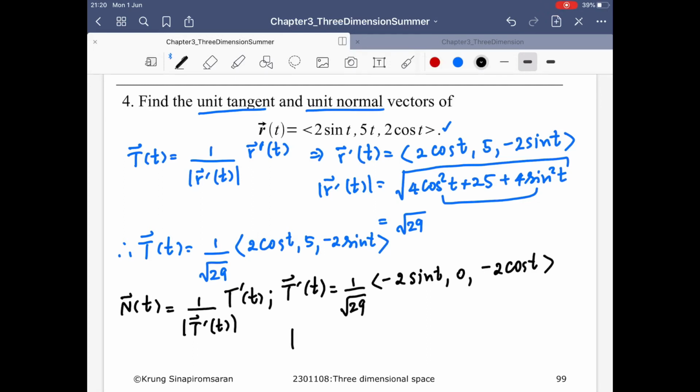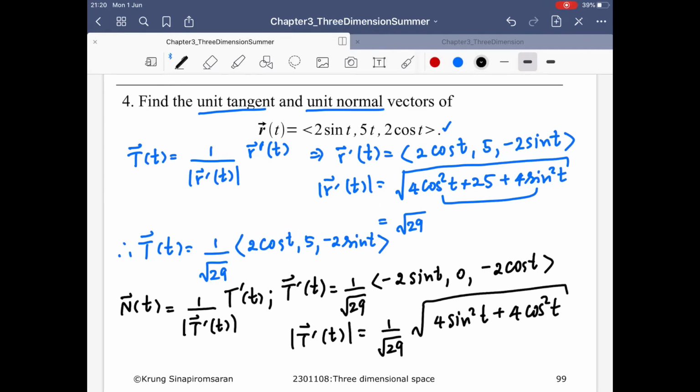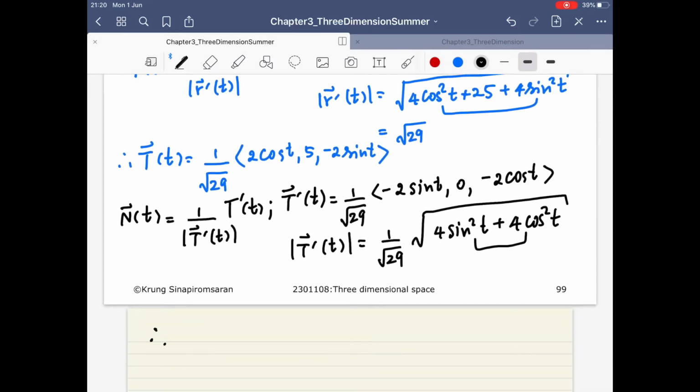To find the length of your T prime, the 1 over square root 29 has nothing to do with it, and the length is the square root of 4 sine square and 4 cosine square. So now you got a 4 under the square root, so you have a 2.